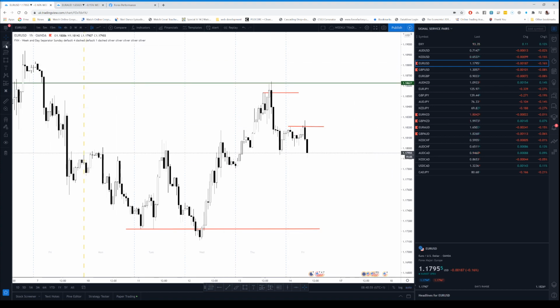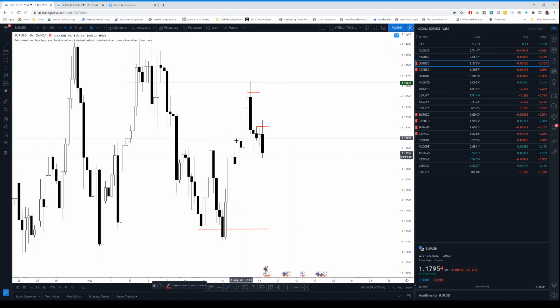Yesterday price found support. Remember our 4-hour range here, that's the last up candle, but if I put it there between that and that, price failed to close in, failed to close in, failed to close in. Now we've dipped inside.